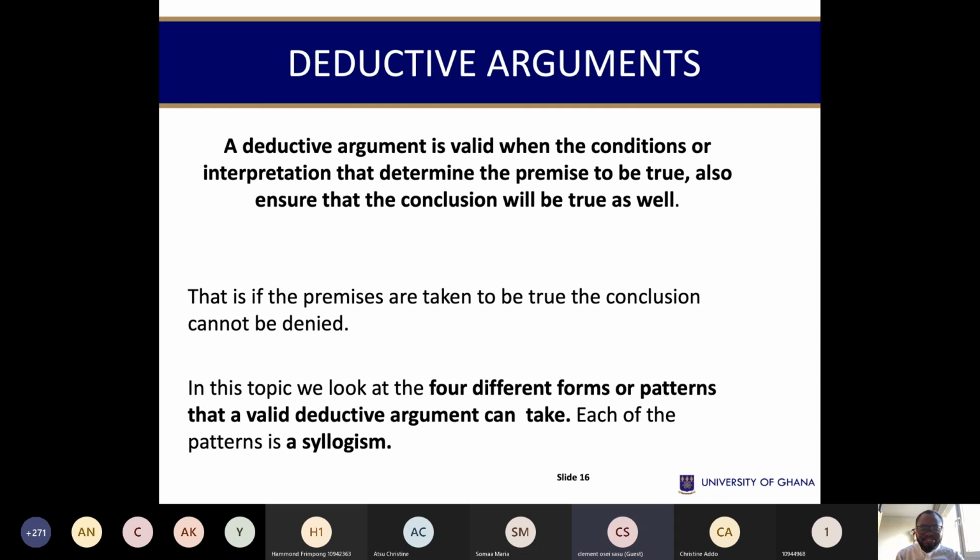In an inductive argument, the opposite is that you must have reason to believe that the conclusion is likely to be true. That is the difference between inductive and deductive arguments.